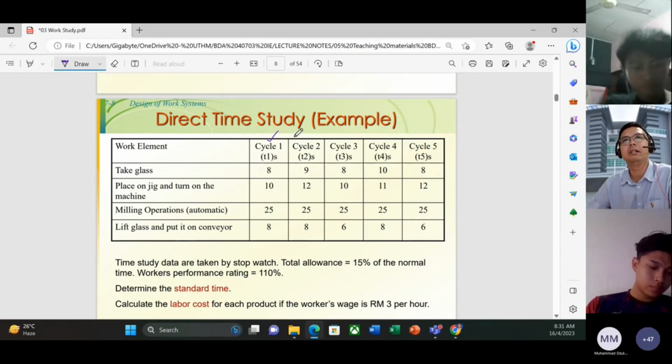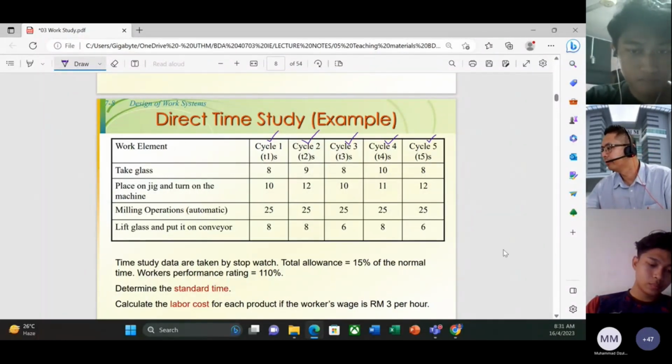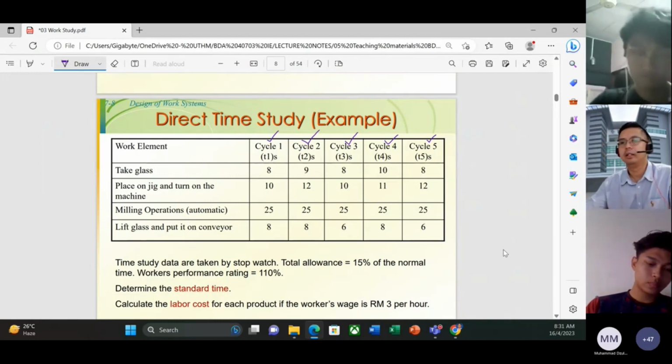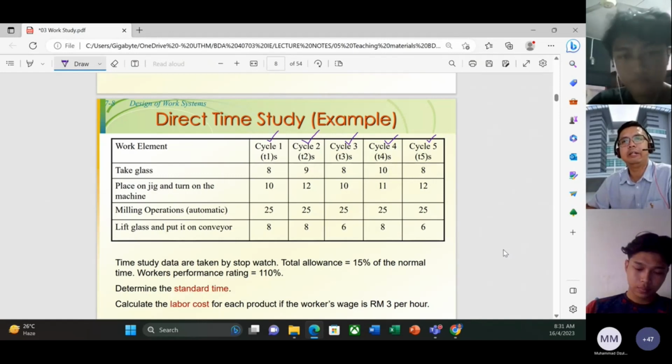They give you cycle time 1, cycle time 2, 3, 4, and 5. You can refer to the slide notes that are given to you, or you can just copy down a simple one. So element, task 1, task 2, task 3, task 4, and task 5.